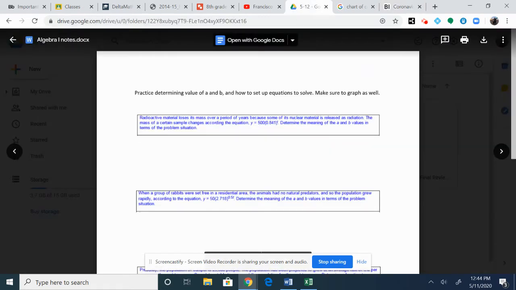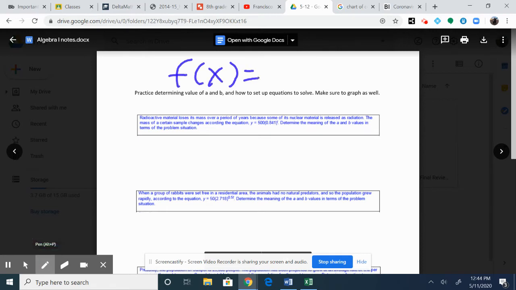So an exponential function is going to be written as a times (1 plus or minus b) to the power of t. Our a is going to be our initial value, the value that we start off with.